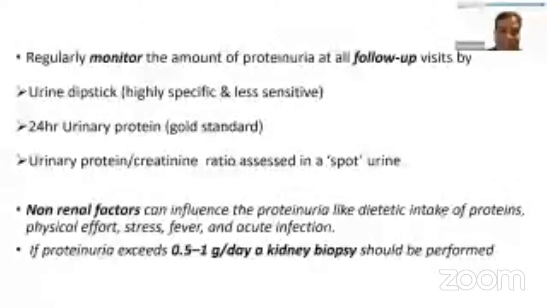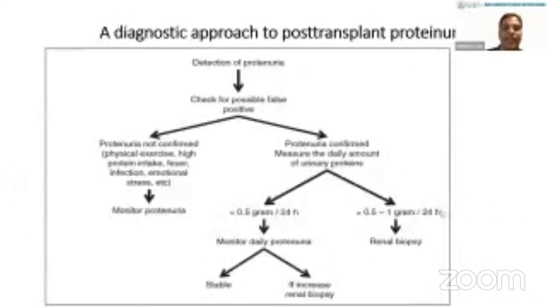Whenever the proteinuria exceeds 0.5 to 1 gram, we need to check for any possible false positives. If the proteinuria is not confirmed, it means there is no significant proteinuria. Look for any physical causes like exercise, high protein intake, fever, infections, and stress. These may be causing the non-significant proteinuria.